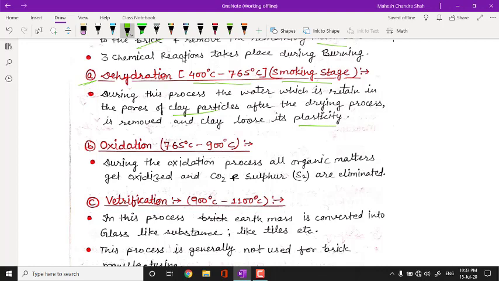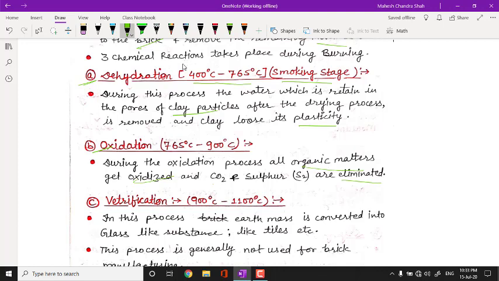Second phase is oxidation, which takes place at 765 degrees to 900 degrees Celsius. During this process, all the organic matters get oxidized and the carbon dioxide and sulfur are eliminated. So if there are some traces of organic matter in the clay, it gets oxidized.